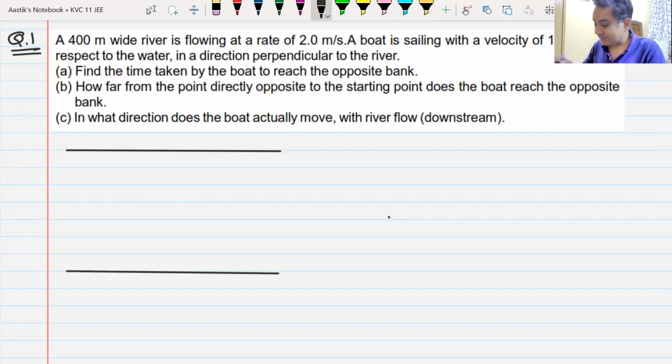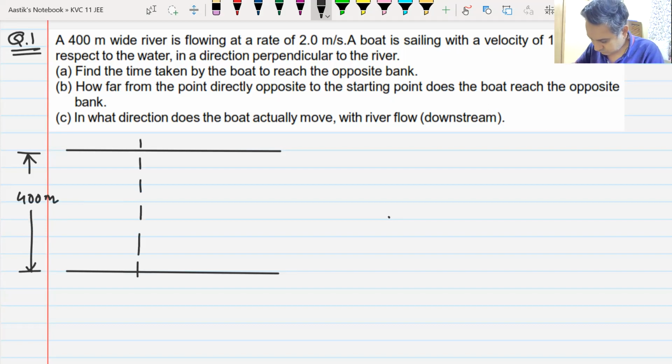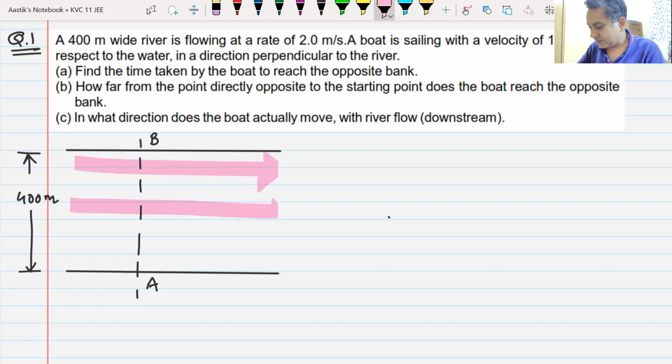So, what all things are given to you? The width of the river is given as 400 meters. This is point A, this is point B. I'm assuming that the river is flowing like this. U is the velocity of river, and that is given as 2 meter per second.